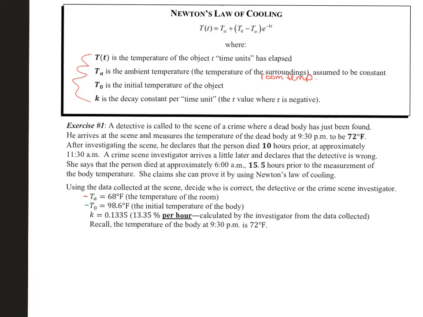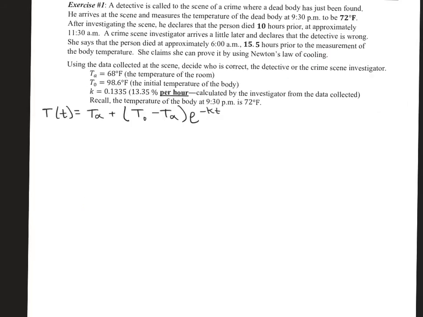Now, we want to remember that the temperature of the body at 9:30 p.m. is 72 degrees. So that is our T of t, the temperature when we start calculating things or after the time has passed.